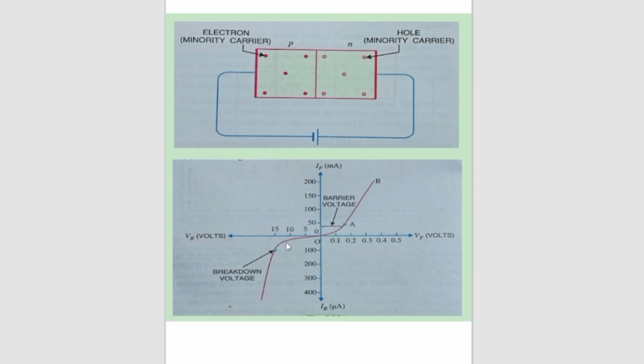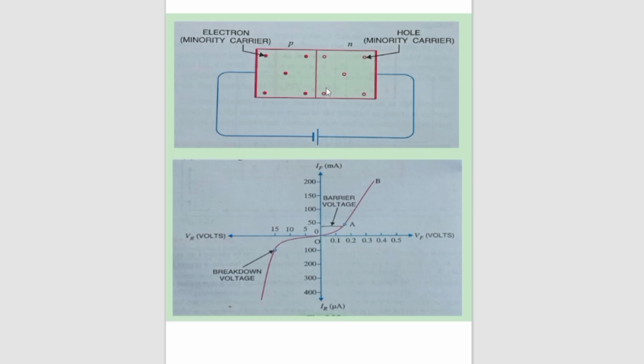If the reverse voltage is increased continuously, the kinetic energy of the electrons, that is, the minority charge carriers, may become high enough to knock out electrons from the semiconductor atoms. At this stage, breakdown of the junction occurs, characterized by a sudden rise of reverse current and a sudden fall of the resistance of the barrier region.